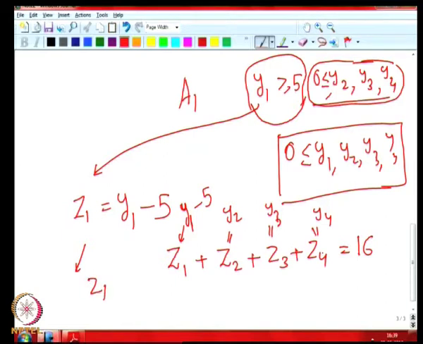The restriction on Z1 is again just that it is greater than or equal to 0 like the others, because y1 was at least 5, so it is allowed to take value 5 or more. So now Z1 is allowed to take value 0 or more.